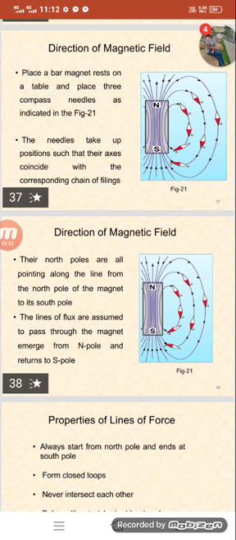They never intersect with each other, nothing but they never coincide with other magnetic lines.